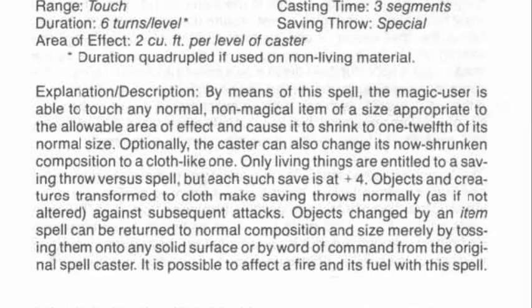A lot of spells will forego the save if people voluntarily undergo it, so maybe you can smuggle people somewhere using the spell if they're willing and they trust you enough. They don't say what happens when the duration of the spell expires, but presumably the items or the people will be returned to normal automatically, with a lot of possibilities with this spell.